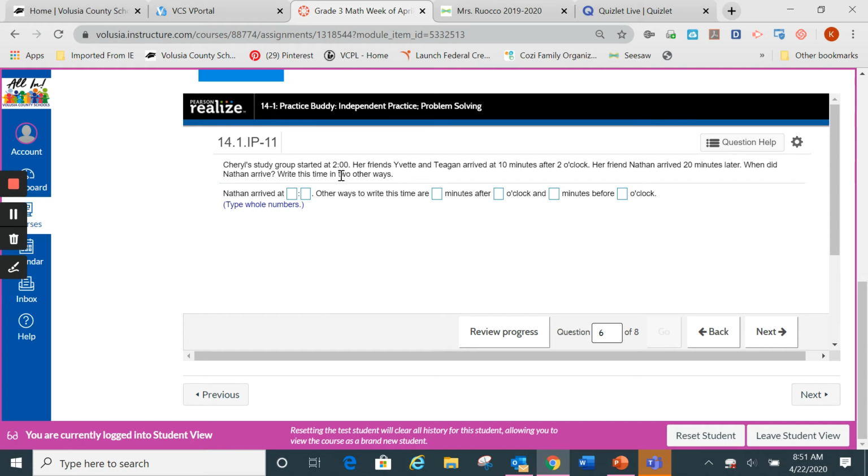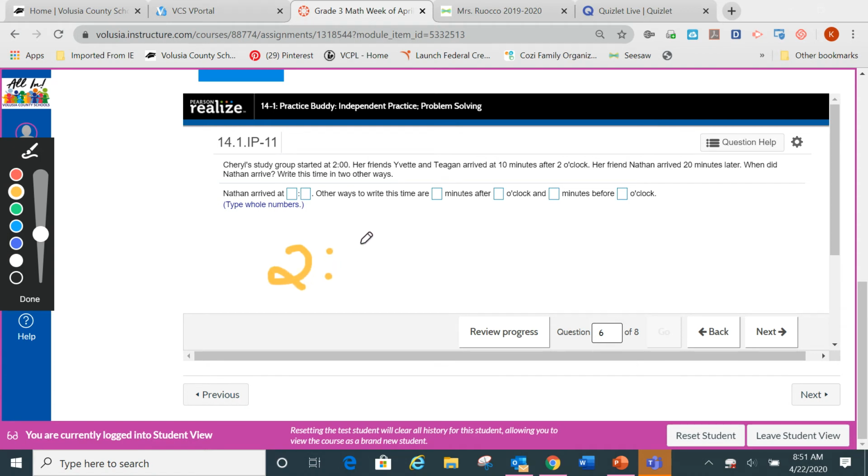Cheryl's study group started at 2. Her friends Yvette and Tegan arrived 10 minutes after 2. Okay, so I'm just going to use my tools here. Arrived 10 minutes after 2, so 2:10 is the time they arrived. Her friend Nathan arrived 20 minutes later. When did Nathan arrive?